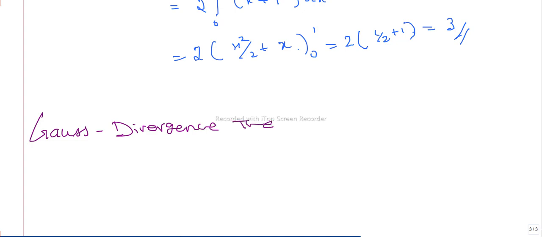So whenever I use S, that is surface, and whenever I use V, that is volume. F means vector point function.